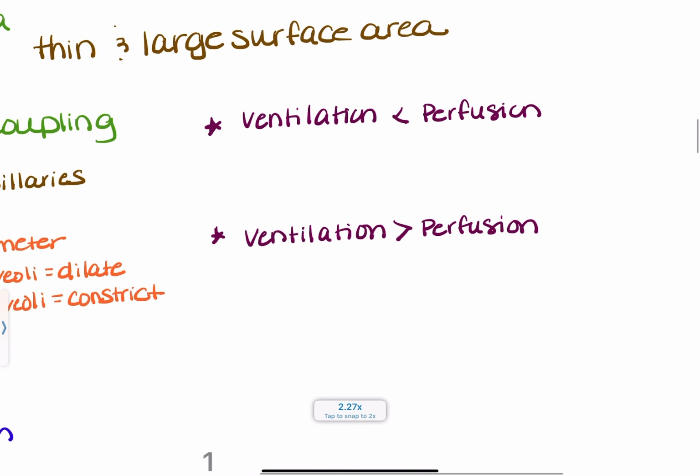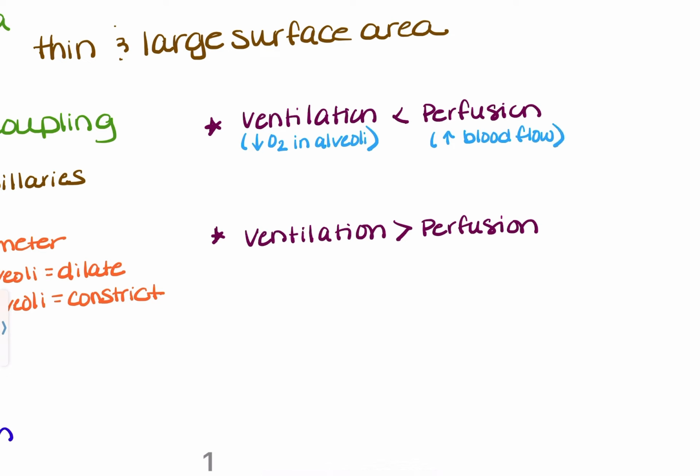This means that we have, say, low oxygen in our alveoli, and that would mean that our perfusion, or our blood flow, would be much higher. We don't want this because if we have a perfusion and ventilation mismatch, we either cannot pick up enough oxygen or we cannot drop off enough carbon dioxide or something like that.